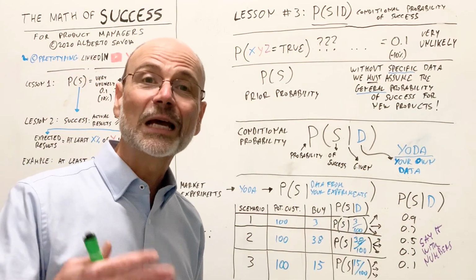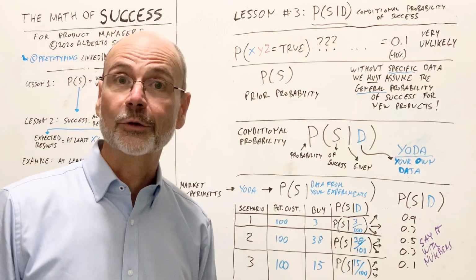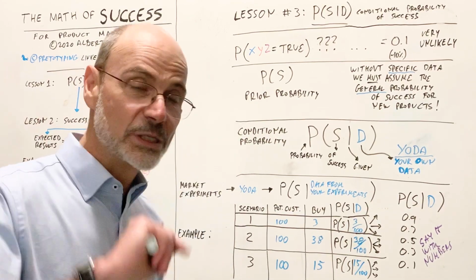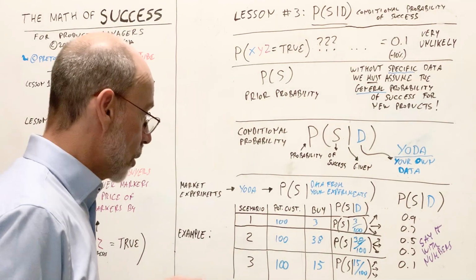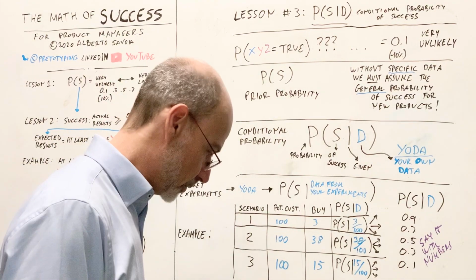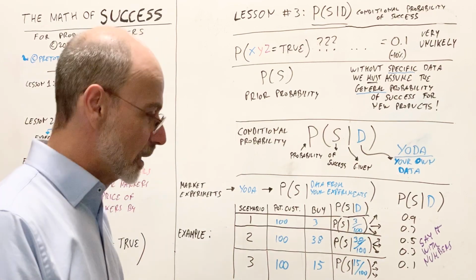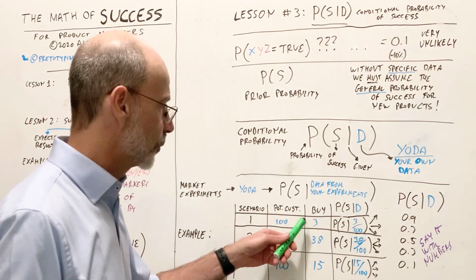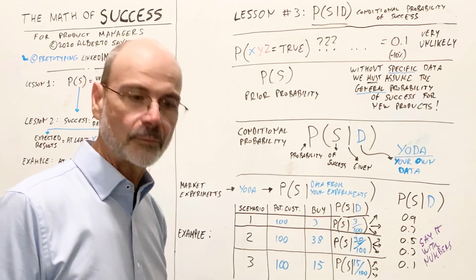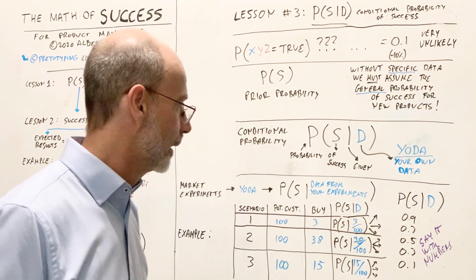So let's look at 3 different scenarios of this experiment, and we'll see how it works, all right? In scenario number 1, you have 100 potential customers. They picked up your markers, they picked up the other markers, and they decided to buy one or the other. In the first scenario, 3 people buy your forever markers.